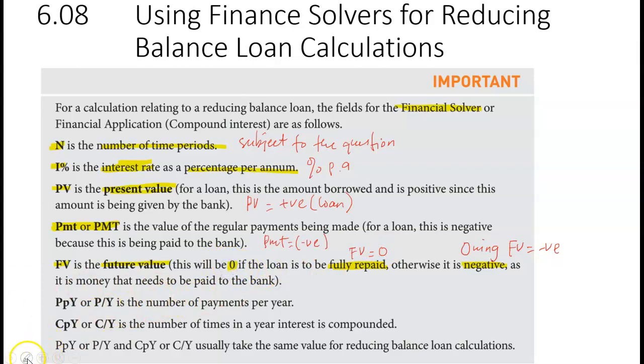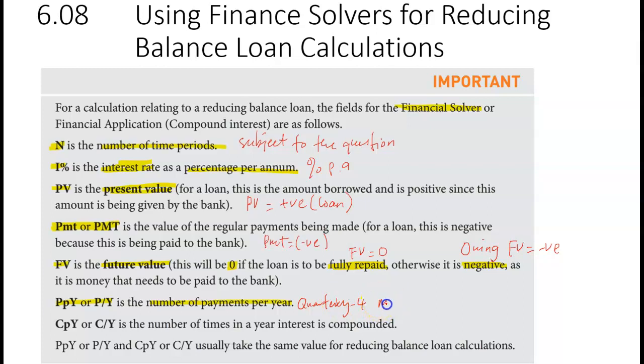Now, PPY, payment per year, the number of payments per year. Again, this depends on the question. If the question says quarterly payment, what will the number be? Quarterly is 4.